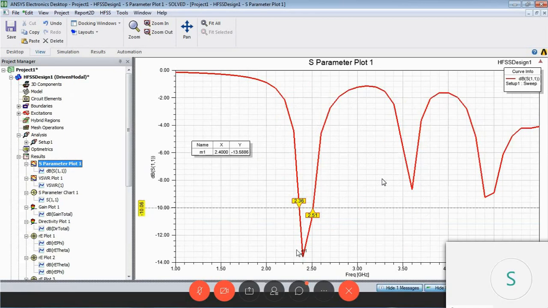S21 means 1 is the input and 2 is the output, the second port. That is called reflection loss.